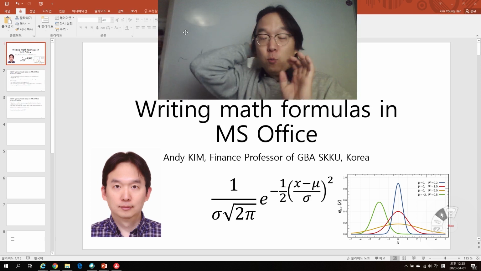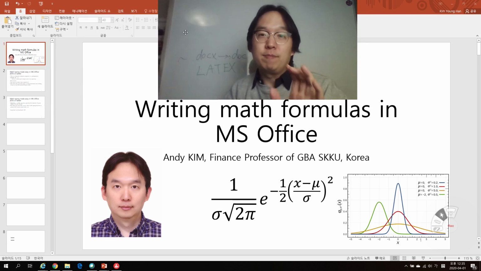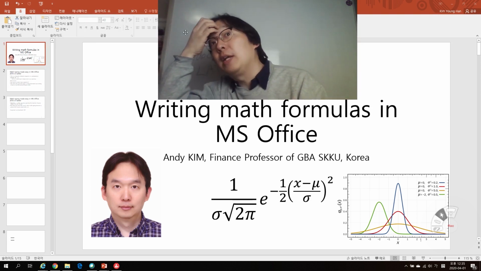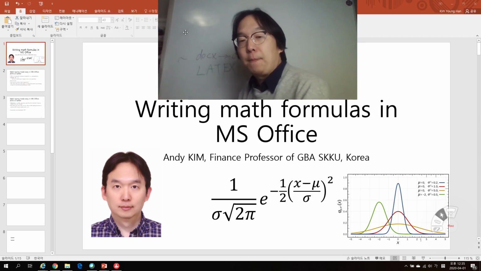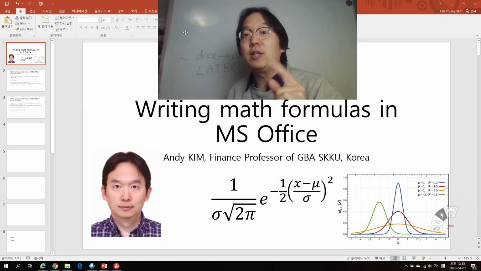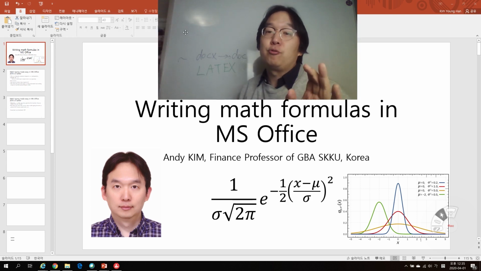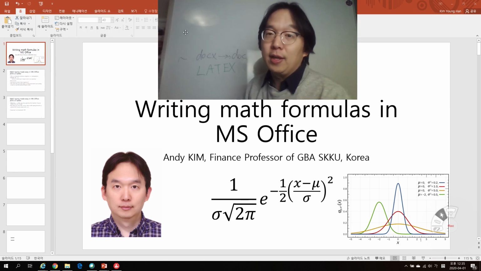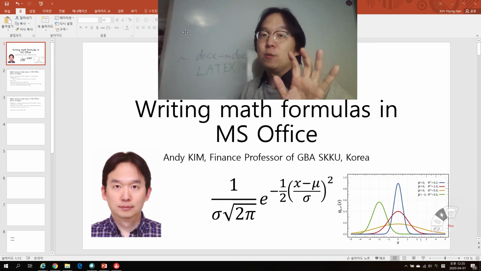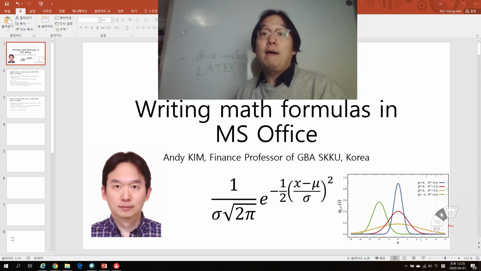But those geniuses in Microsoft incorporated this function into their software. So from now on, you will be able to type in those mathematics, whatever complicated ones, almost all of them, using Word or PowerPoint just nicely. So let's go.